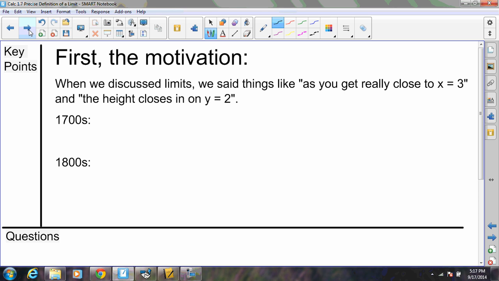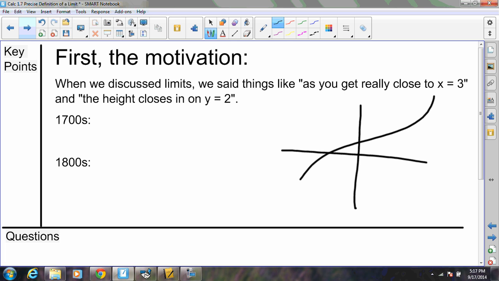Now, first we've got to start at our motivation. When we've discussed limits so far, we've had graphs that would look something along these lines, and we'd say, here's our x value of 3. When we've looked up at 3 and come over to the y-axis, we've seen a height of 2.